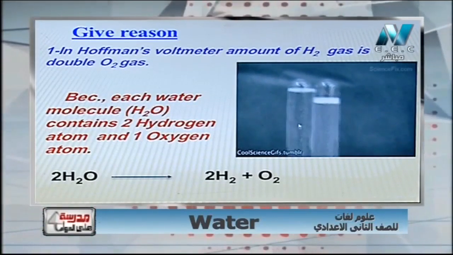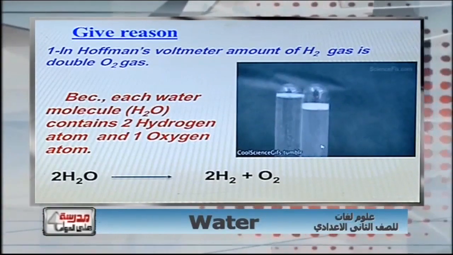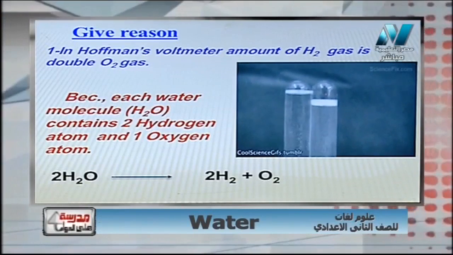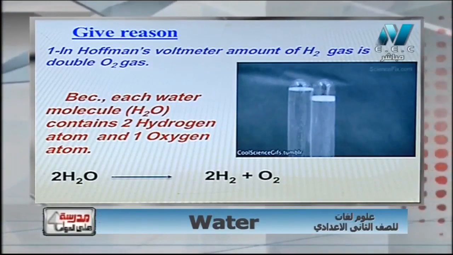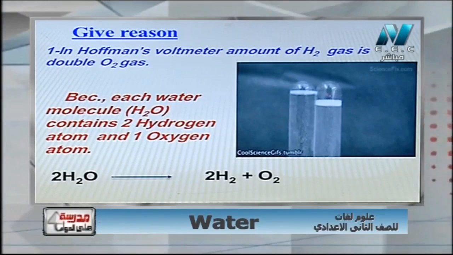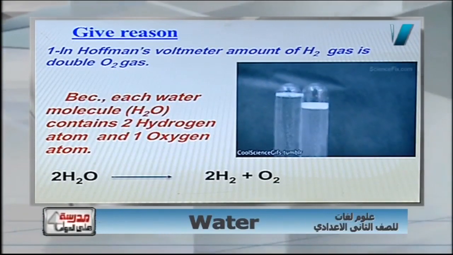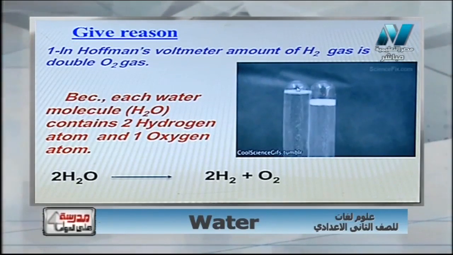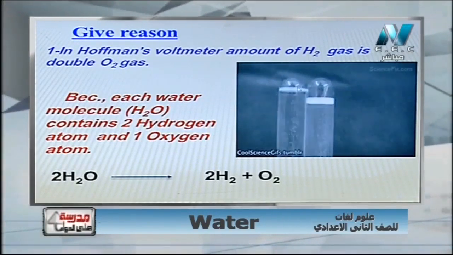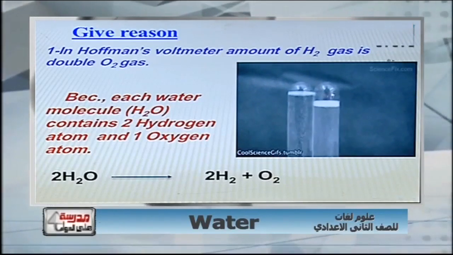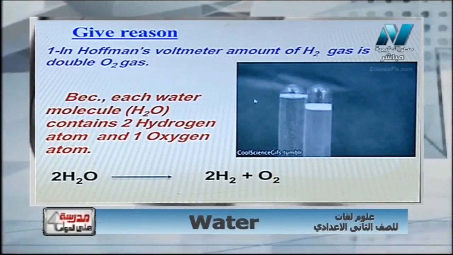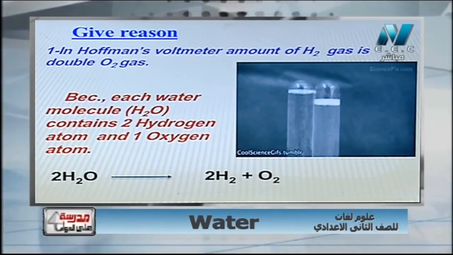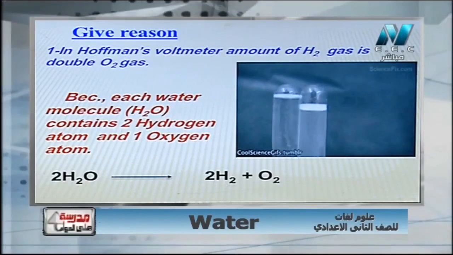And we see in this experiment, as in the figure, these bubbles indicate that gas evolves. Which test tube is the oxygen and which is the hydrogen? The bigger one is the hydrogen, and the smallest one is the oxygen. Why? Because for every 2 hydrogen atoms, there is only 1 oxygen atom. And this is the equation: the water decomposes into 2 hydrogen to 1 oxygen.